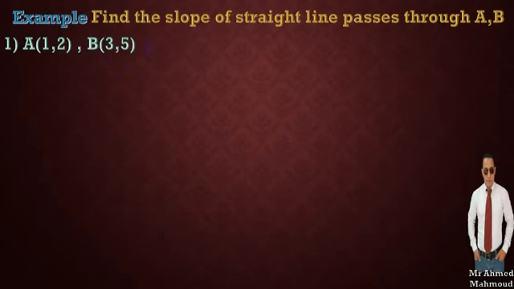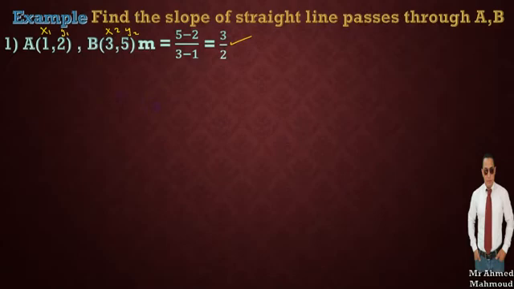Here, looking at the two points, x1, y1, x2, y2, the slope is y2 minus y1 over x2 minus x1. So 5 minus 2 over 3 minus 1, which equals 3 over 2. This is the first slope.